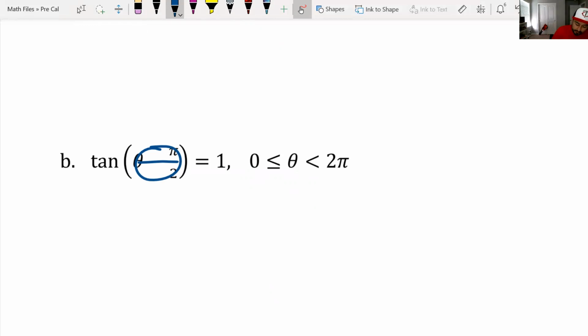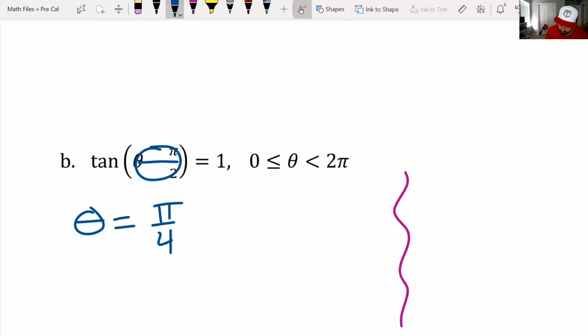That radian value is going to be pi over 4, and also, not 3 pi over 4, not 5 pi over 4, but actually, yes, 5 pi over 4.